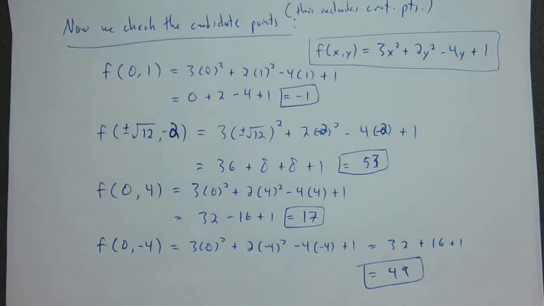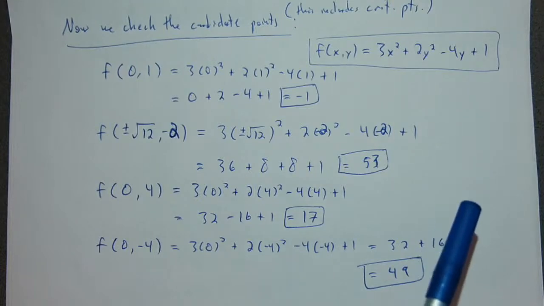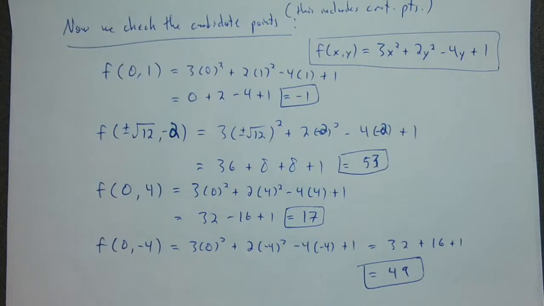And that's all my points. Okay, I had one critical point and I had 4 points resulting from the Lagrange multiplier business. So this is all of my points. So the smallest one is where my absolute or global min happens. So that's at 0, 1. And my largest one is where my global max happens, which is at these 2 points.